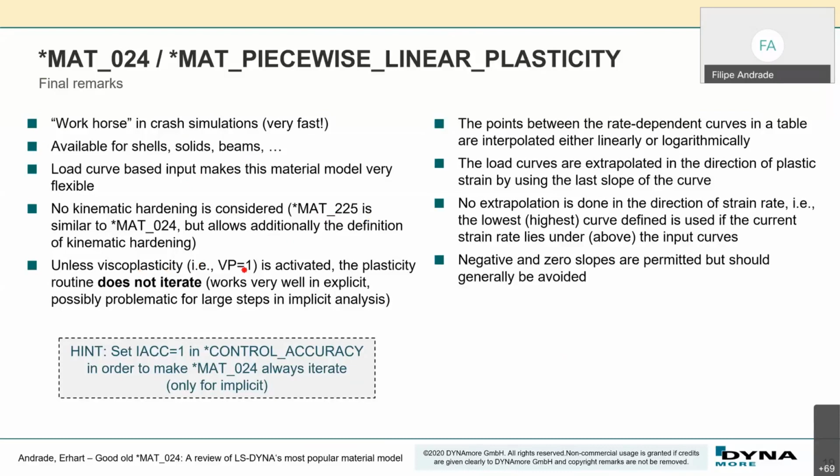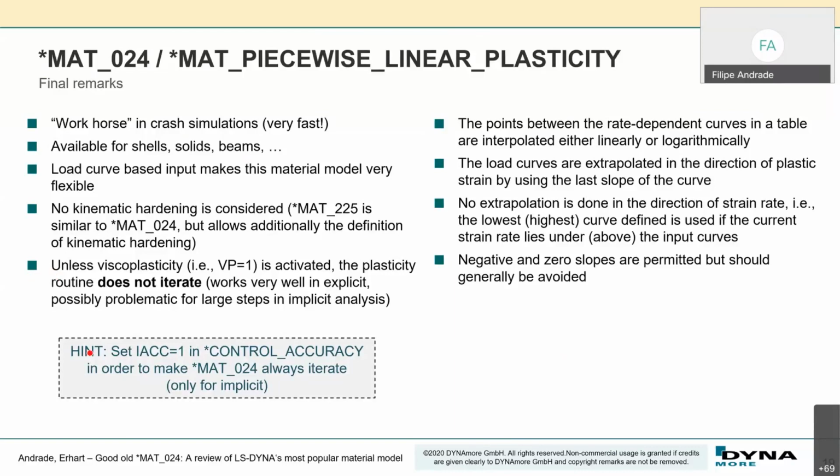Basically, if you don't have viscoplasticity activated, the plasticity routine does not make any iterations. This is a quite good approach for explicit analysis, but sometimes some customers had problems in implicit analysis because the steps were too large in their implicit simulations, and they start having some accuracy issues because it was not iterating.